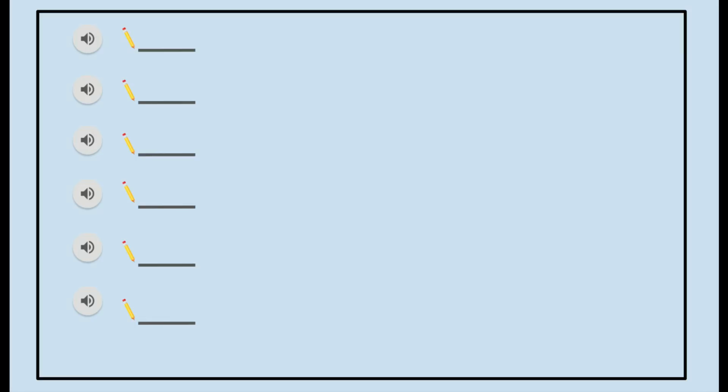Now let's practice writing the letter pair that makes the sound that you hear. Ready? Here's the first sound. Ow. Number 2. Number 3.